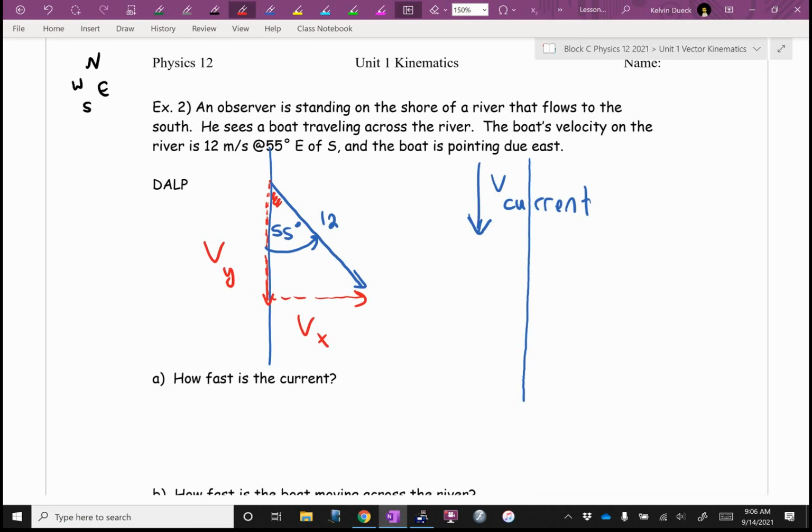I mean, it's basically the previous question flipped sideways, and I gave you a little bit less information and made you have to figure out a bit more. So how fast is the current? Which one is the current? Let's label my triangle. Opposite, adjacent, hypotenuse. Which trig function is Vy going to be?